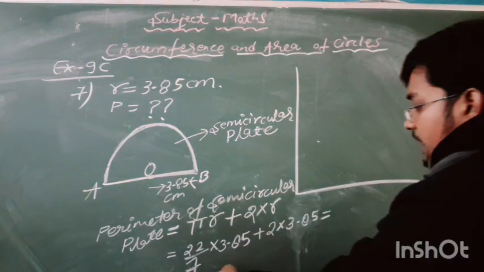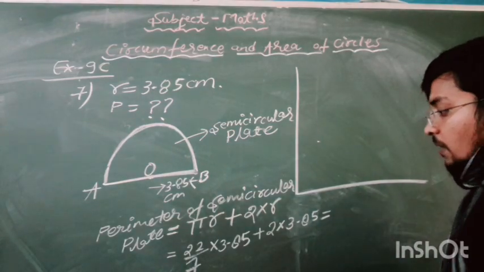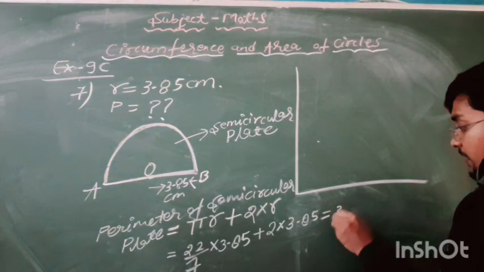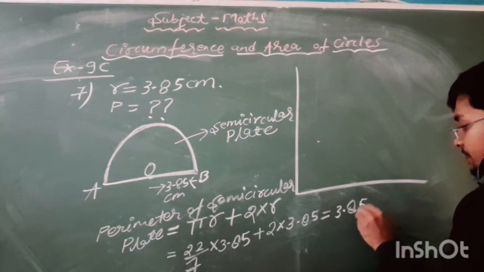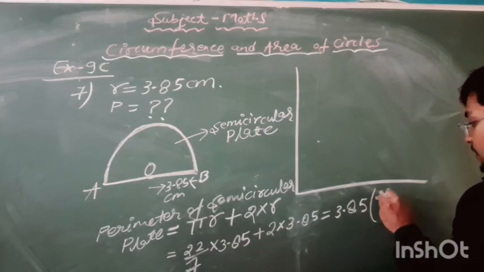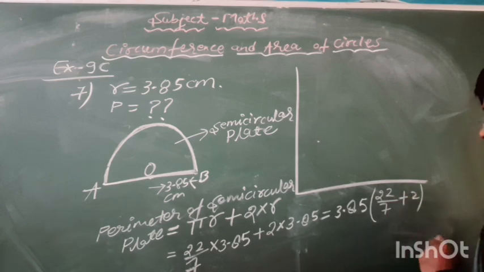Here 3.85 is common in both terms, so 3.85 is common.